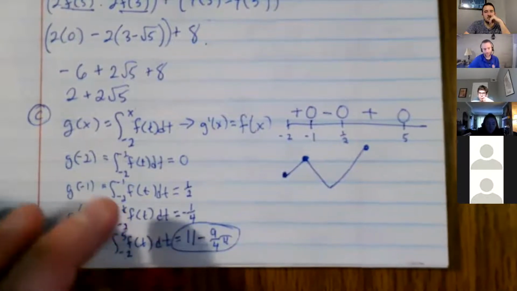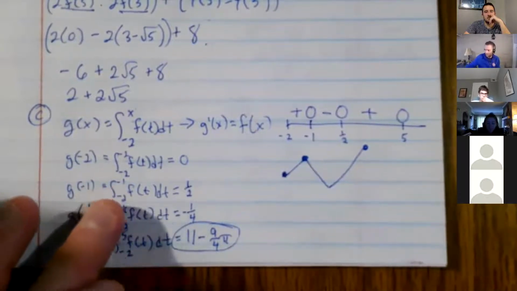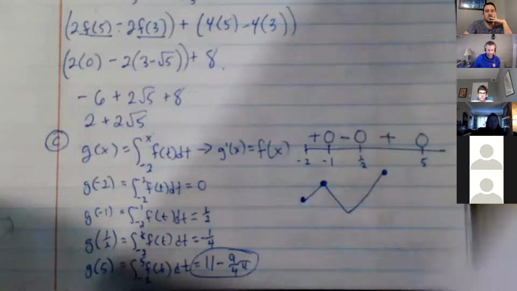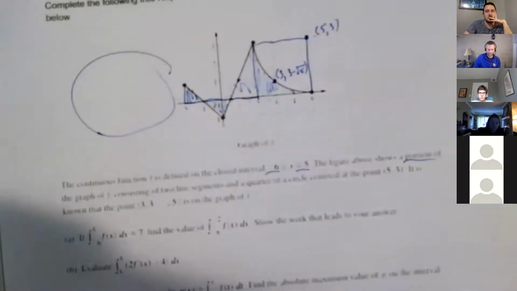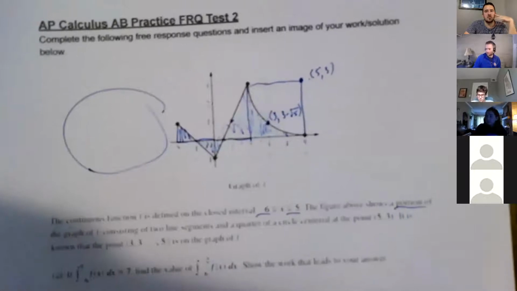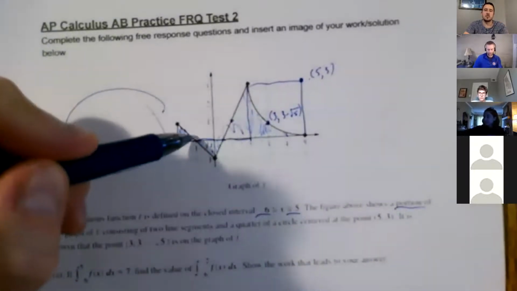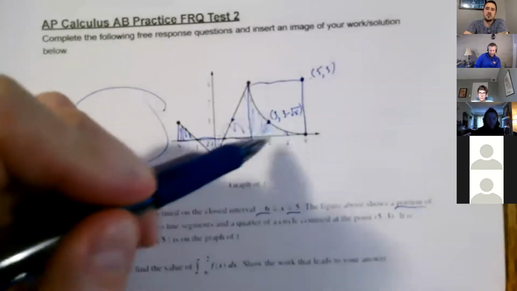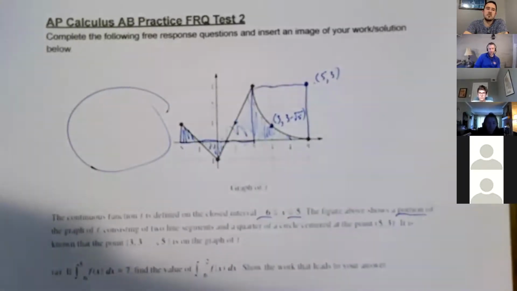Now, there's another way that you might be able to reason through this without actually getting those values. If I'm looking at just the graph, without knowing this value and without knowing this value, do I know where the maximum occurs?